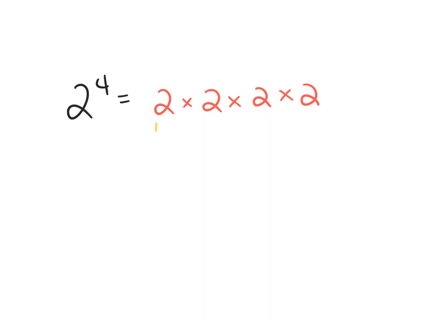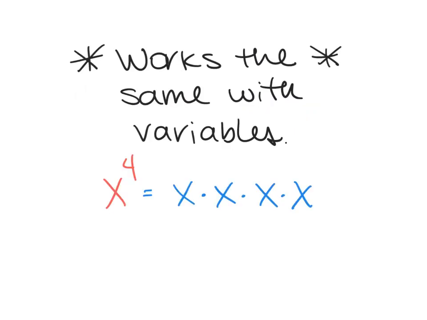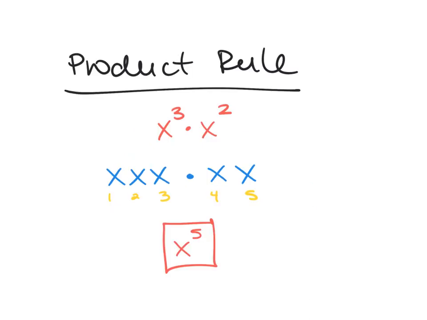So you see you've got 1, 2, 3, 4 of them here. And again, it is multiplying, okay? So it works the exact same way with variables. If you see x to the power of 4, that means that you have 4 x's that you are multiplying times itself, okay? So again, it works the exact same way with variables.